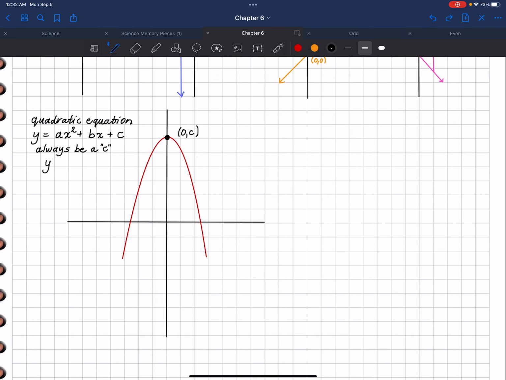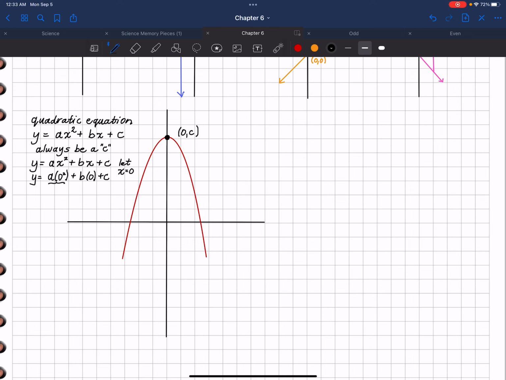You will always reduce your formula, or you could reduce your formula to the point where y is c. Let me show you how I would do that. So let's take the graph of a quadratic equation. And let's let x be 0. Okay, so let's plug it in. We have x is 0, so we have a times nothing squared plus b times nothing plus c.